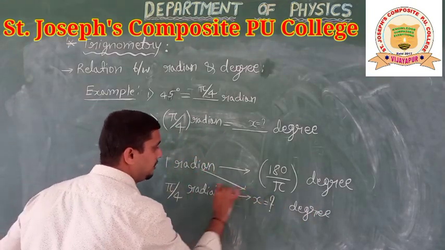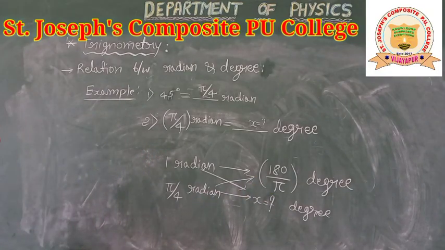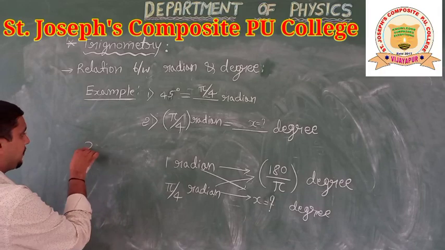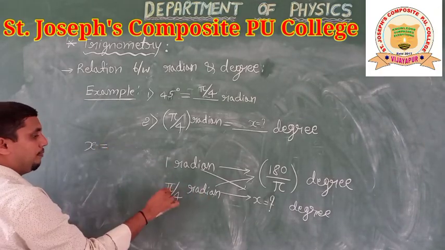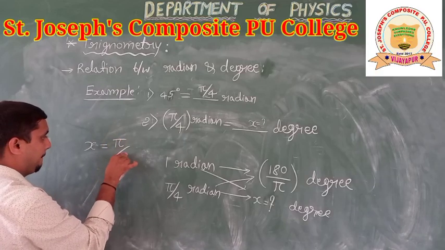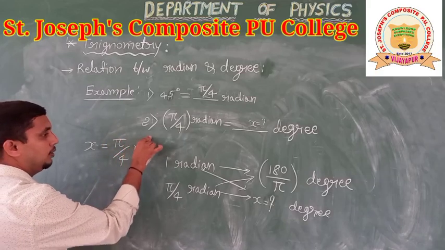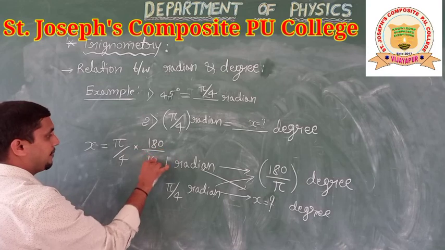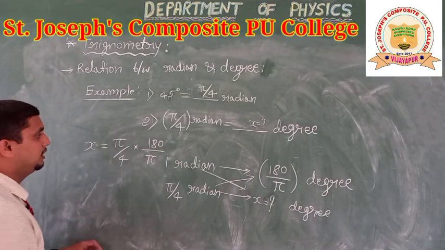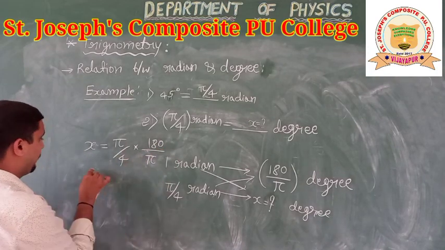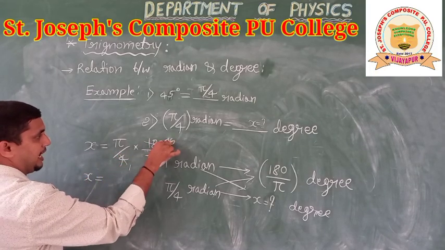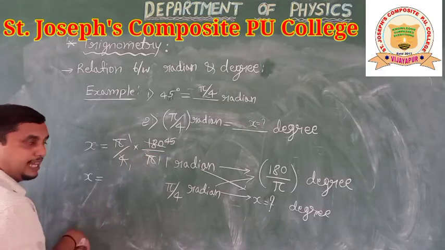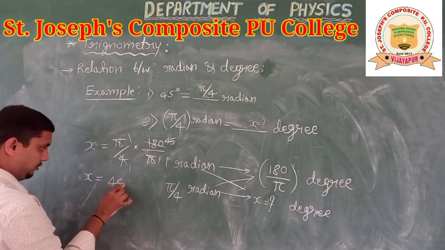Just once again, cross multiplication. If you do the cross multiplication, finally you will get x is equal to pi by 4 into 180 divided by pi. If you do this, 4 ones are 4, 45s are 180, pi gets cancelled. Finally, x is equal to 45.